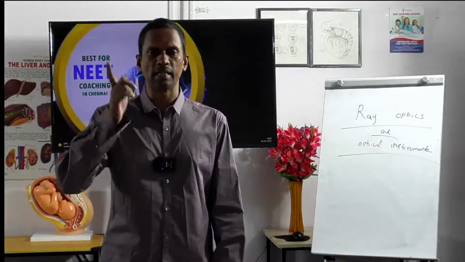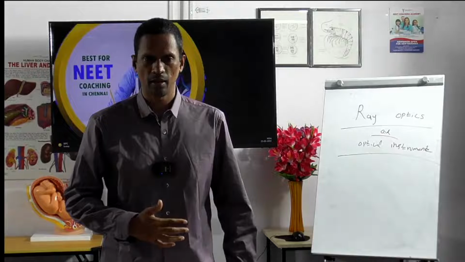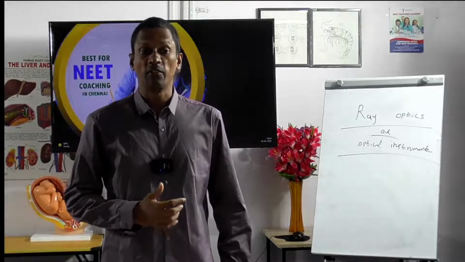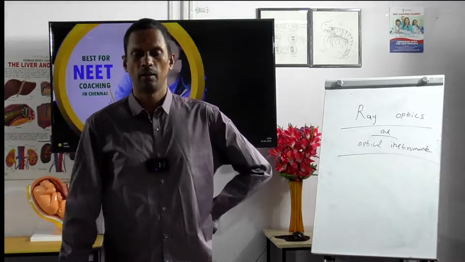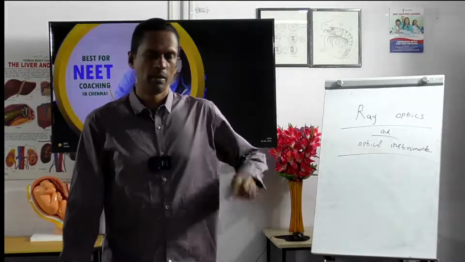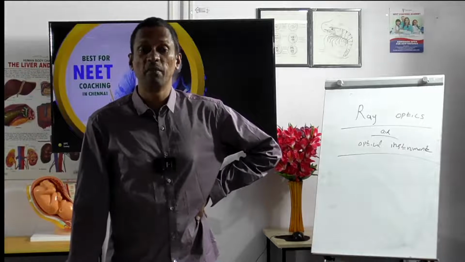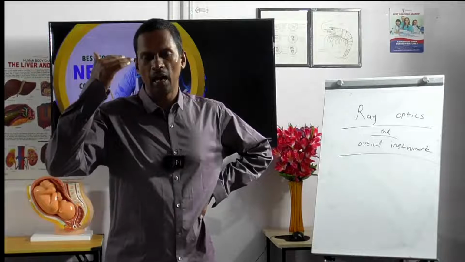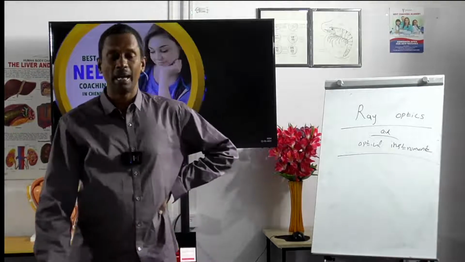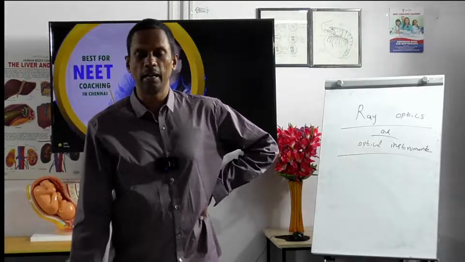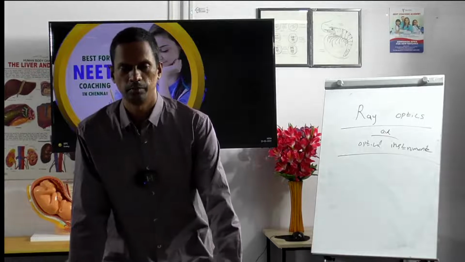N1 and N2 are the refractive indices. N1 is the refractive index of the medium before the mirror, and N2 is the refractive index of the medium behind the mirror.